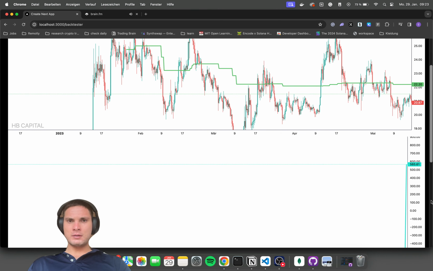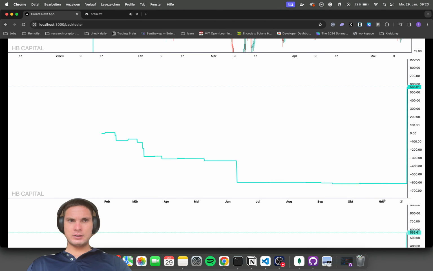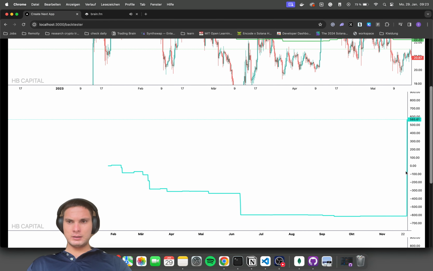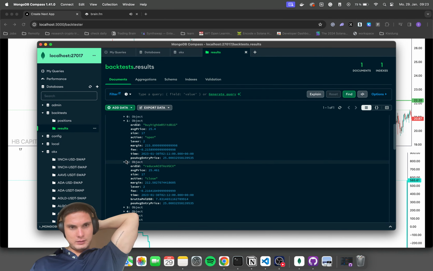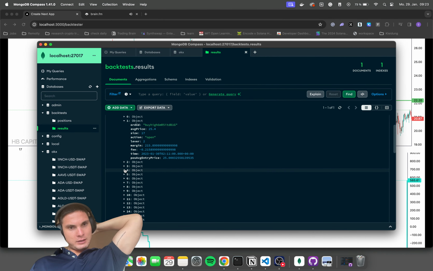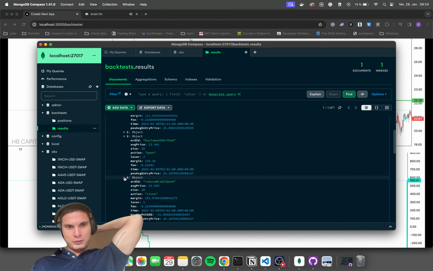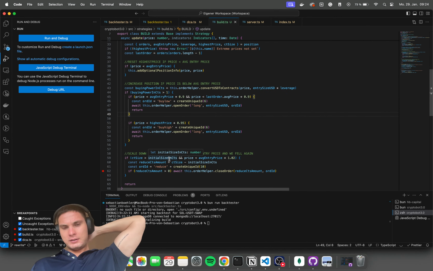Okay, and the reduce obviously does not affect the average entry price. Buy low. Then I reduce again.